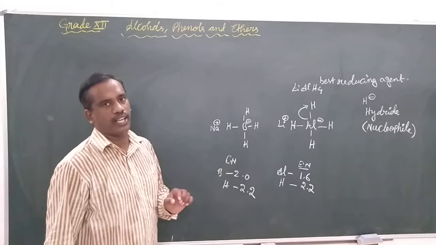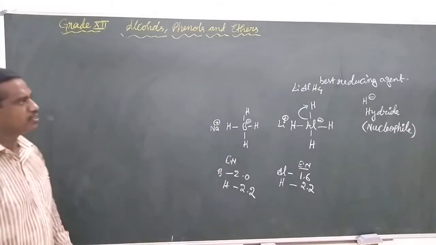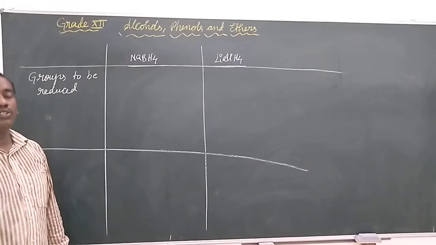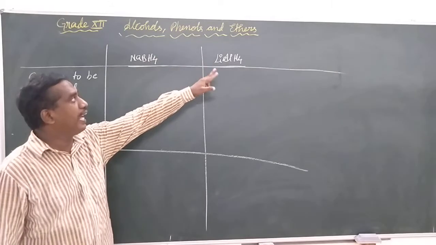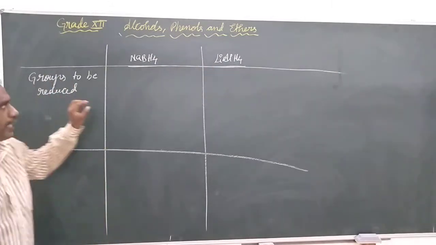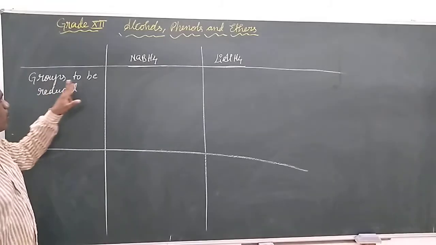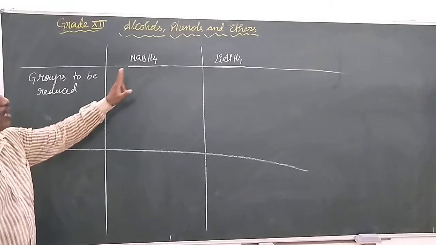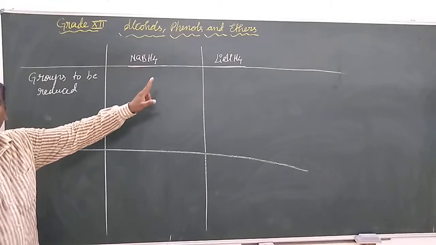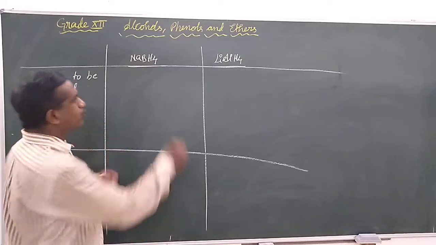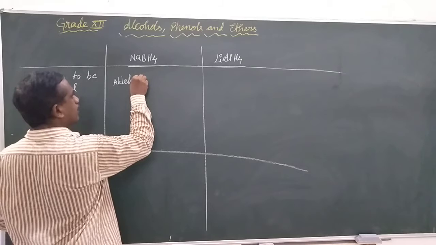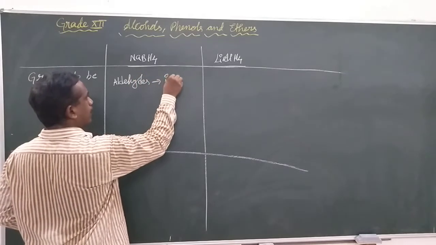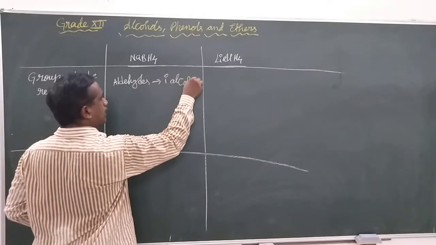Let us continue here. So let us come back here. Our sodium borohydride and lithium aluminum hydride. Once we see the groups to be reduced, sodium borohydride can reduce aldehydes into primary alcohols.